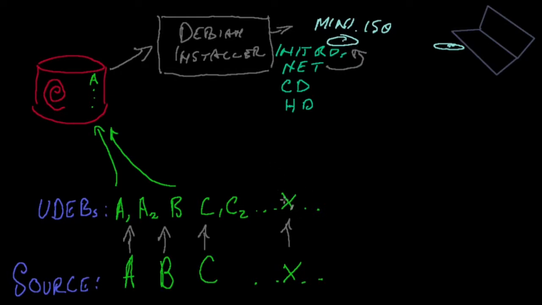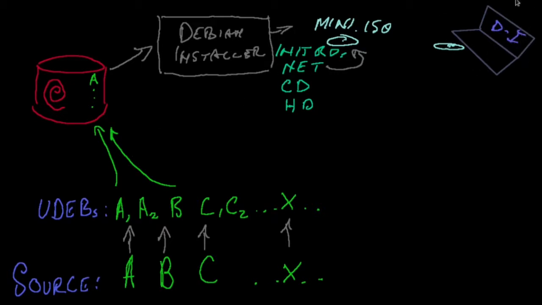If this is one of the later menus, it won't be on the mini ISO. But what happens is that when it is booted, the running version of DI on here, should we label that as DI? Let's have DI running on here.